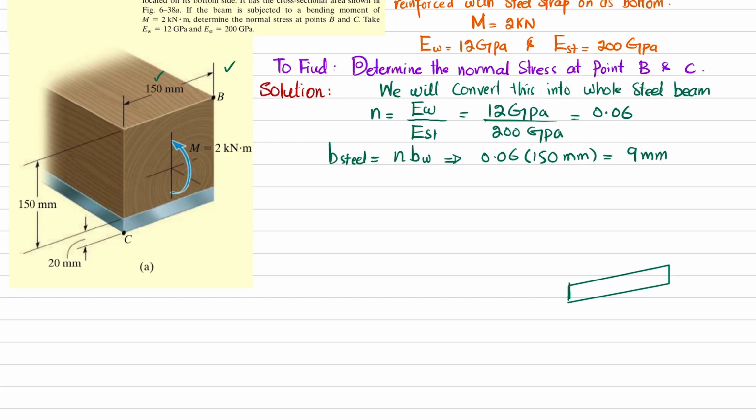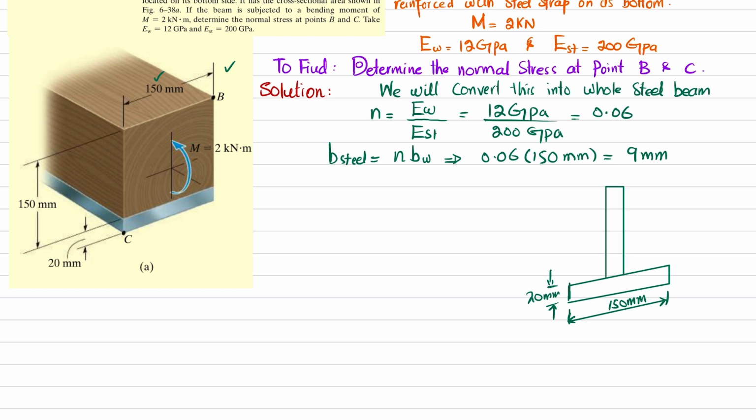So you can see this is the initial strap which has a thickness of 20 millimeter. The width of the steel strap is 150 millimeter. Now for wood, the height will remain the same, 150, but the width will change to 9 millimeter. So it will be like this.